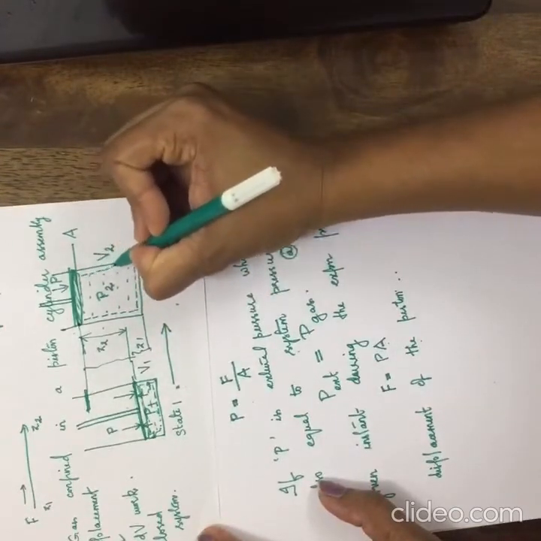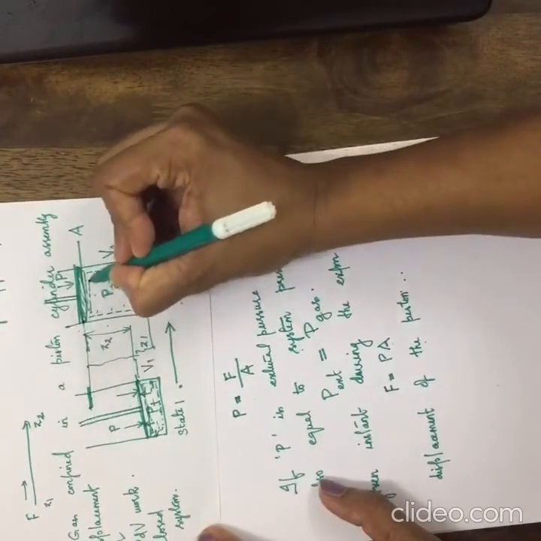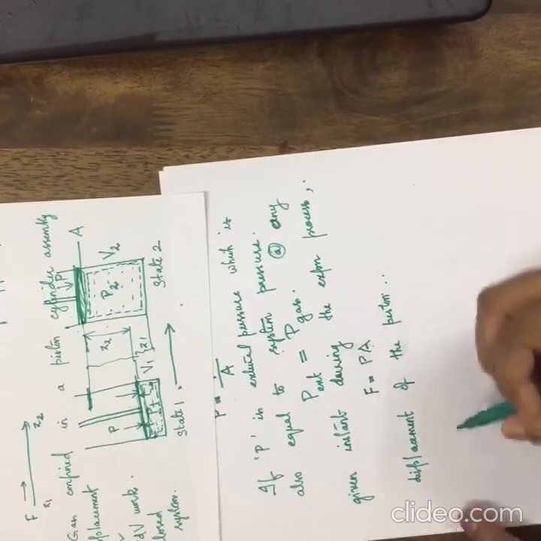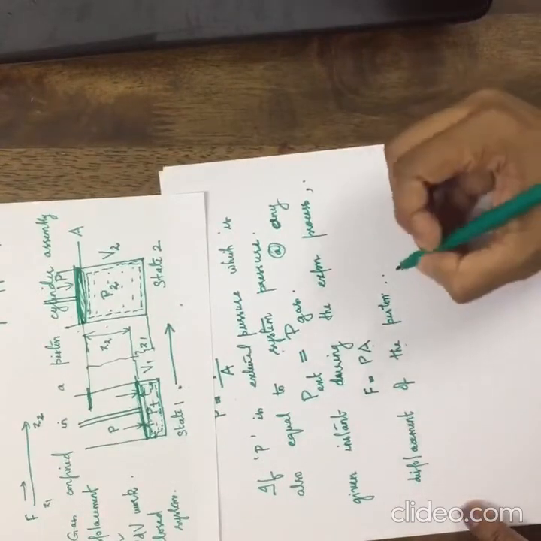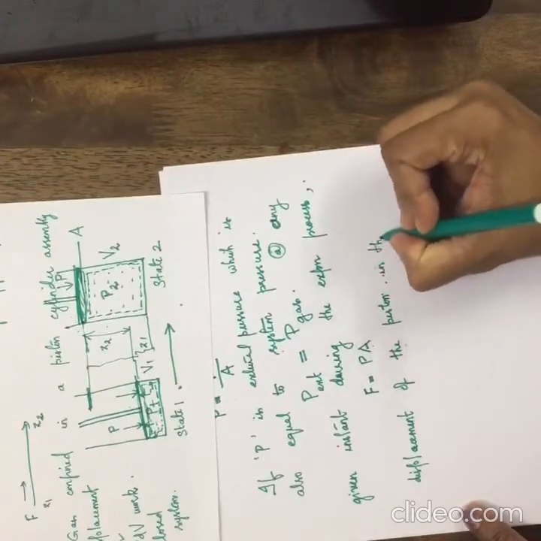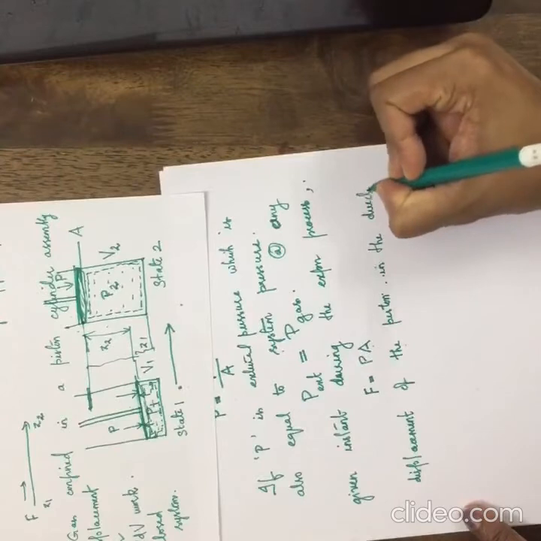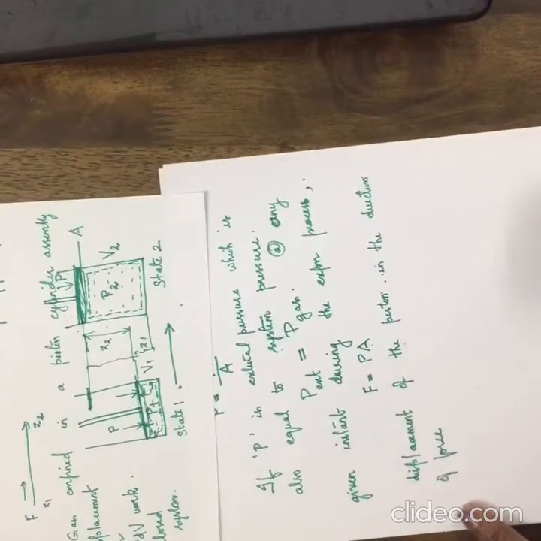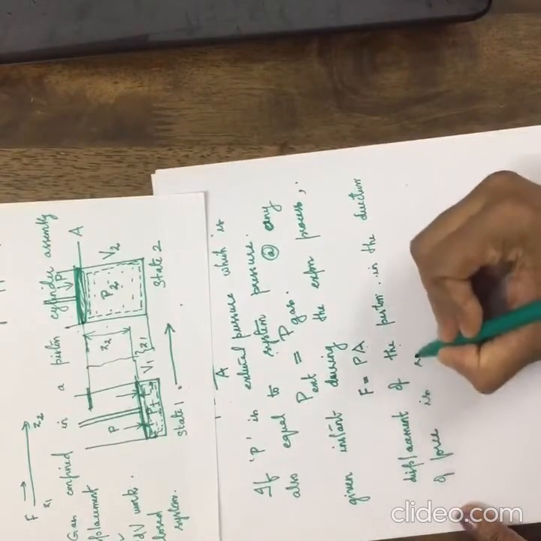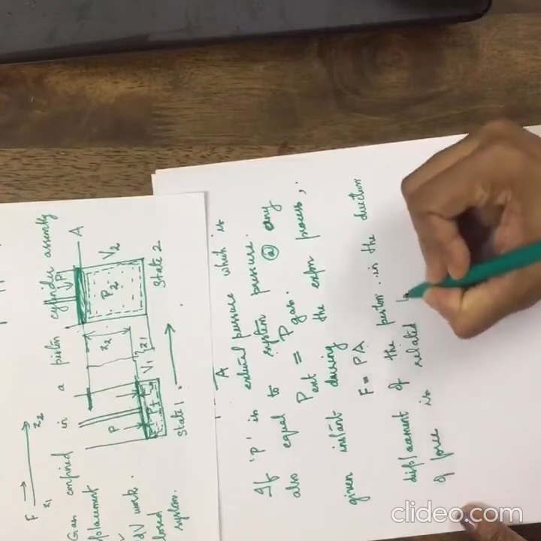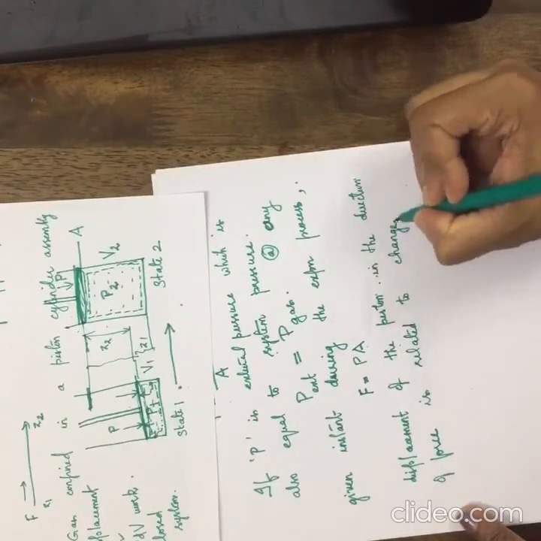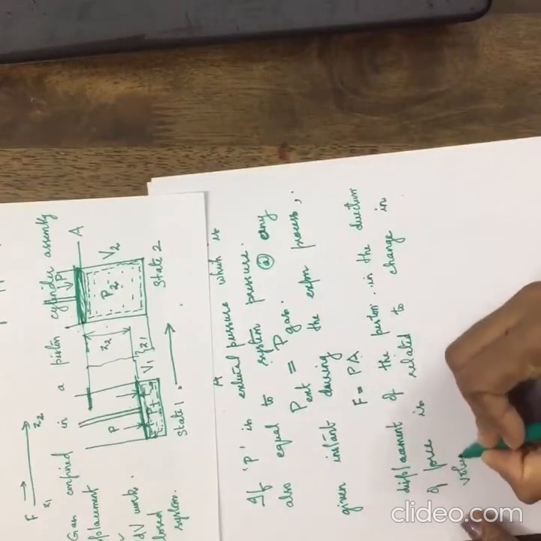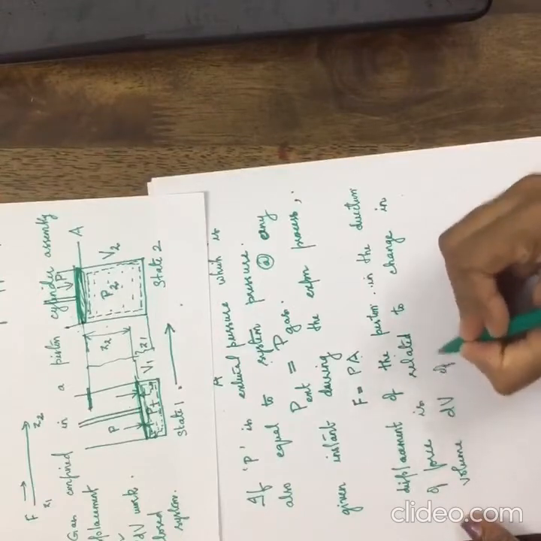So the displacement of the piston in the direction of force is related to the change in volume dV of the gas.